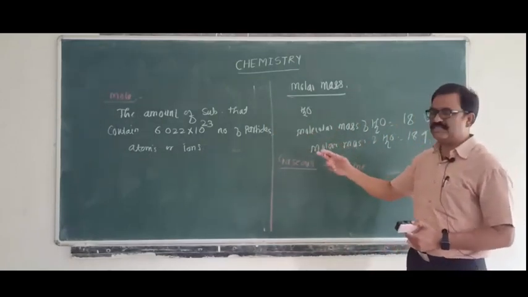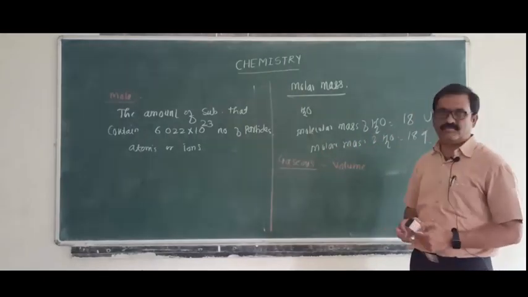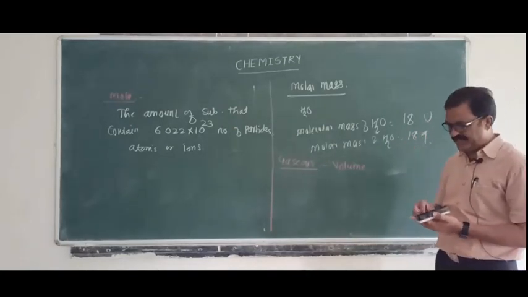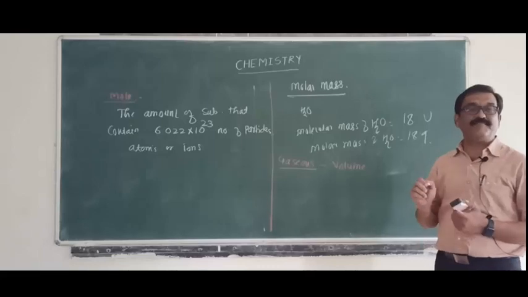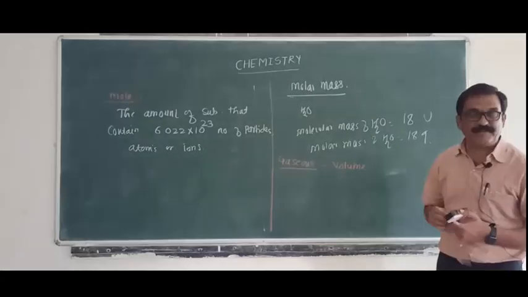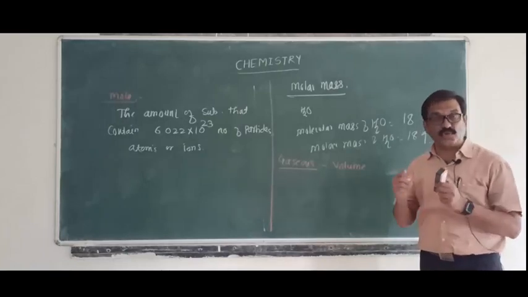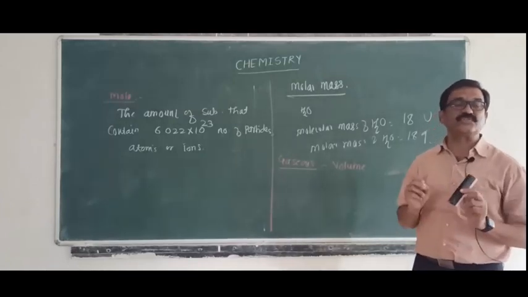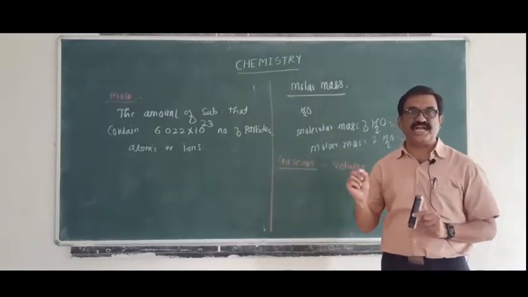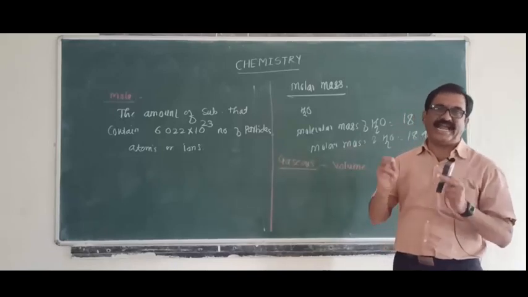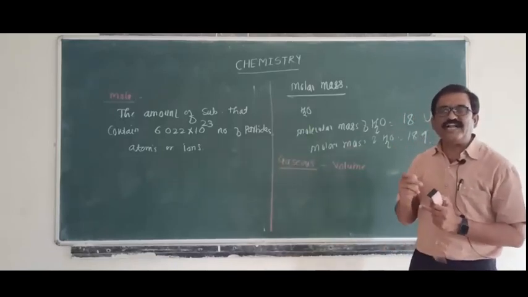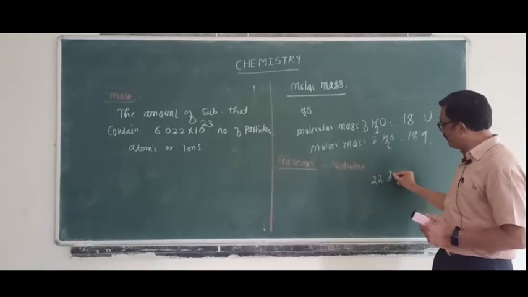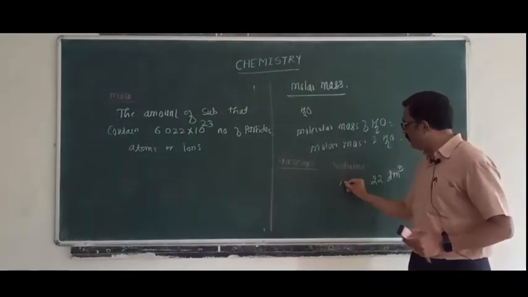We can define the molar volume at STP, that is at standard temperature and pressure. Standard temperature means when temperature is equal to 0 degrees Celsius and pressure is equal to 1 atmosphere. This condition is called STP. At STP, 1 mole of a gaseous molecule contains 22.4 decimeter cube of volume.